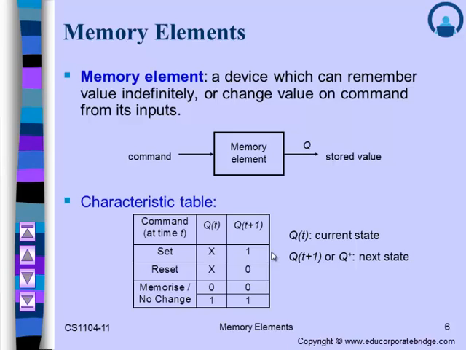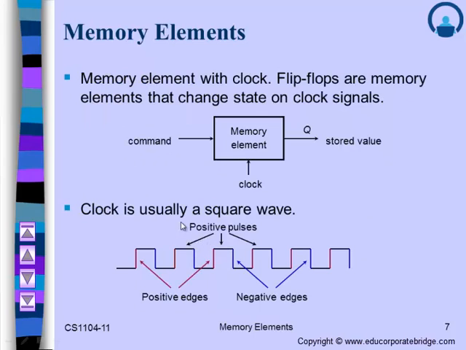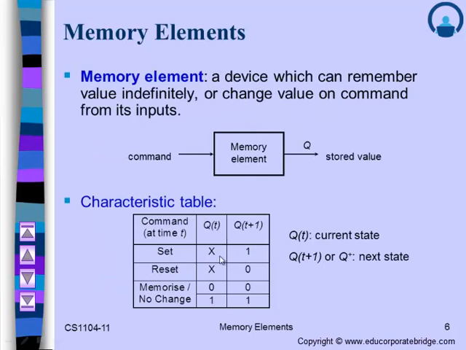So let's check out how the memory elements work. Command, these are the different modes. Let's say set, reset, now memorize. Qt is the current state, and Qt plus 1, also denoted as Q plus, is the next state.